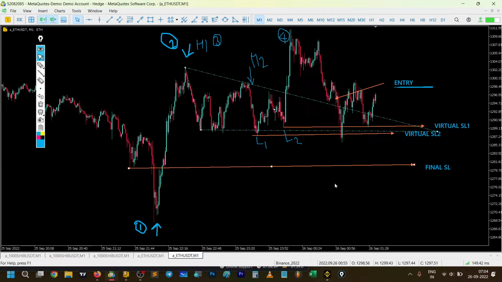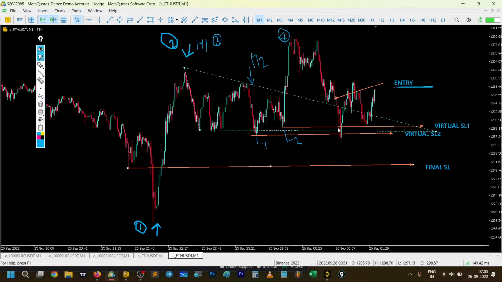Now we'll discuss SL and TP. Once the pattern is locked in these three steps, first you find the bottom, top, h1, h2, and l1, l2, the pattern is locked. Now you cannot modify this pattern.